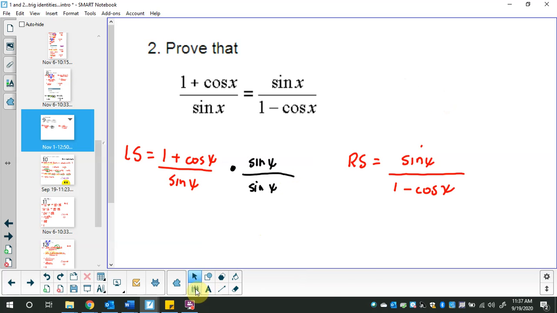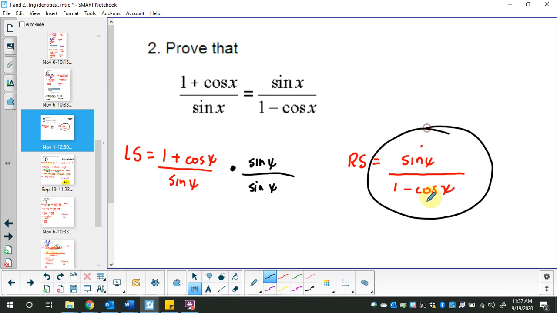So what I'm going to do now is I'm going to multiply stuff out. So for instance, and remember I'm heading looking for this, so as soon as I get there I should be good. Okay, so 1 plus cos x multiplied by sine x, and yes, I could multiply that out if I wanted to, but remember I'm heading for this, so I like that.